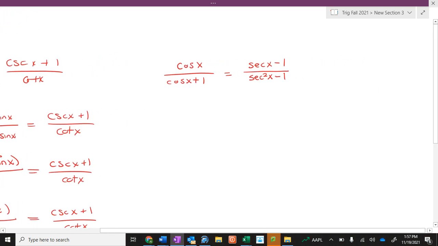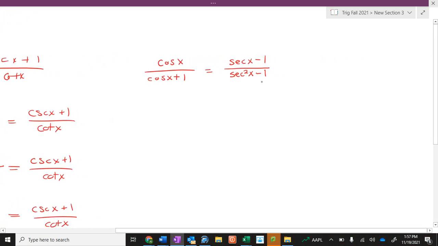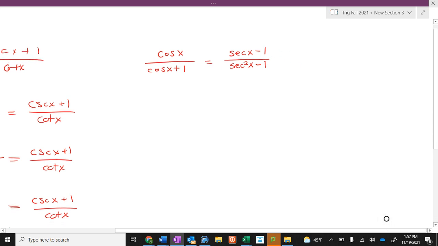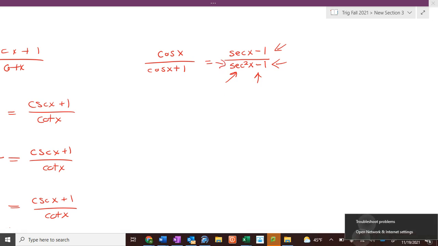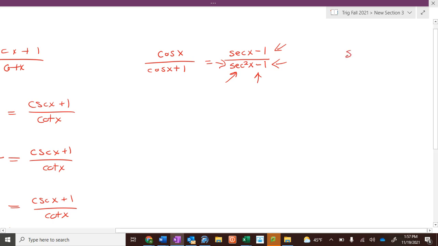All right. When you see something like this, I have a minus on the top, minus on the bottom. I look at this and say, well, what would that be equal to? And all of a sudden I see this and I go, I know what that is. I've seen something like that before. What would secant squared of x minus 1 be? Tangent squared of x.